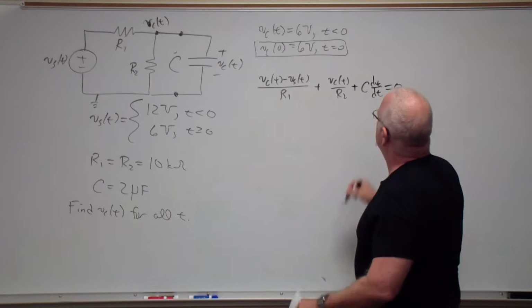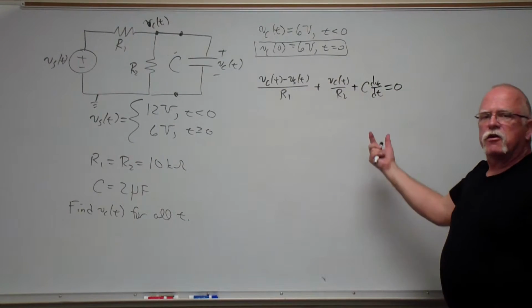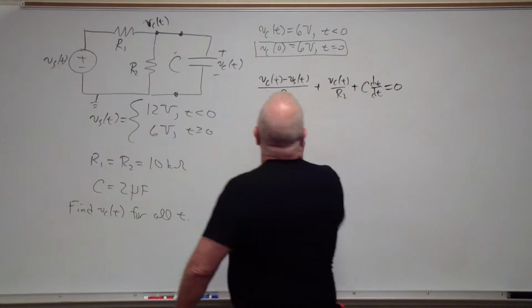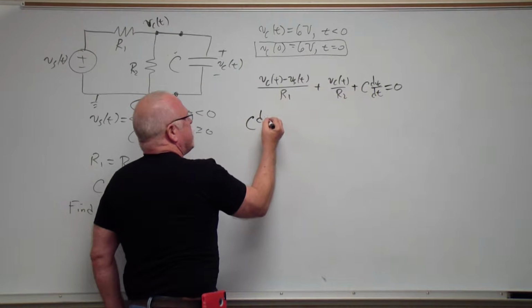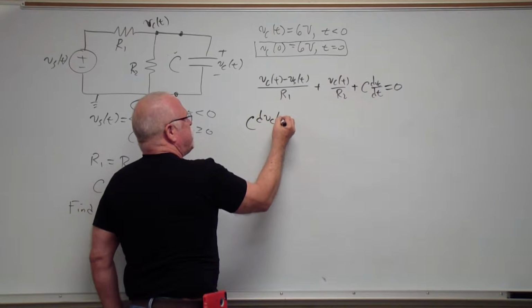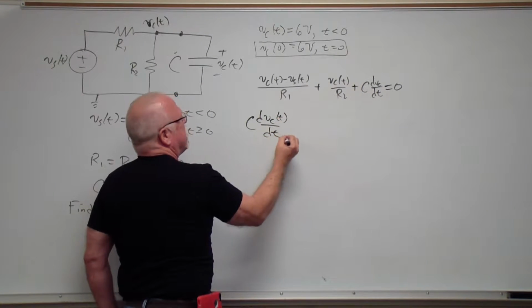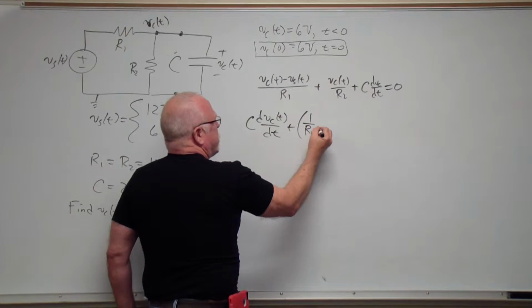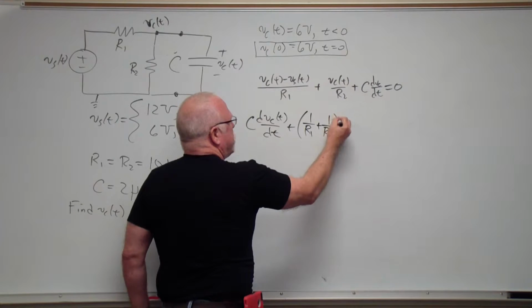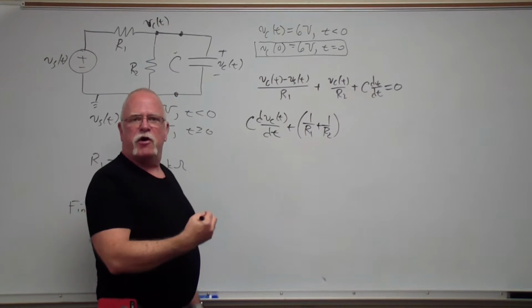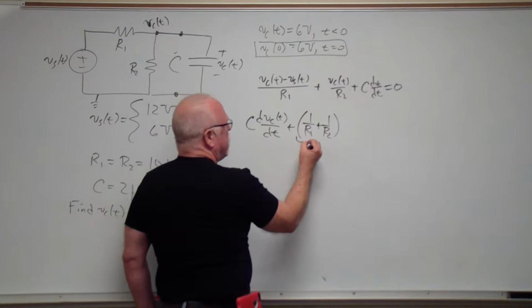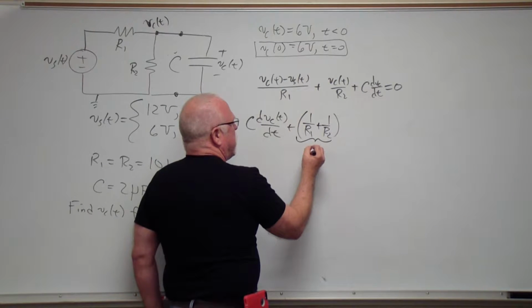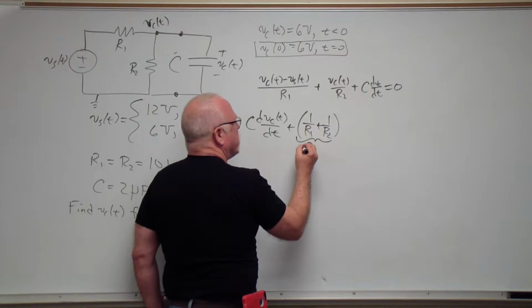Those all have to add up to 0, so we can combine terms and put the derivative terms first. You want to write things in terms of decreasing orders of derivatives. Then we have the Vc term, which has weights 1 over R1 and 1 over R2. And there's our R1 in parallel with R2, so we can call that 1 over Req.